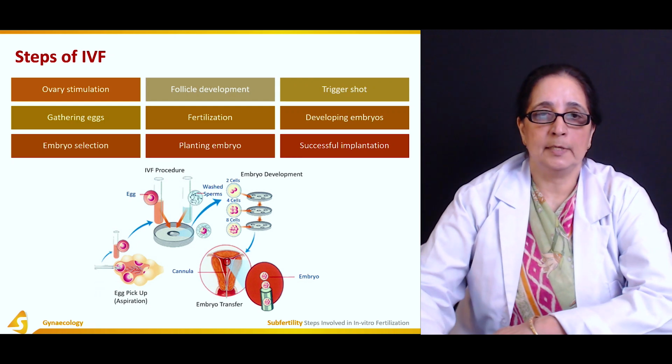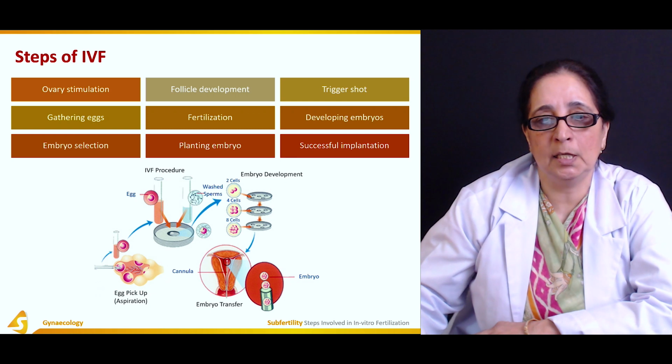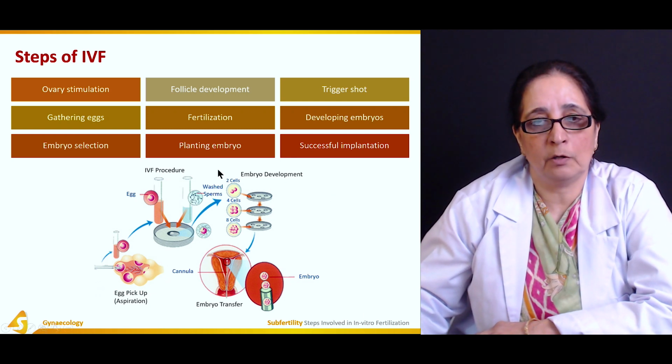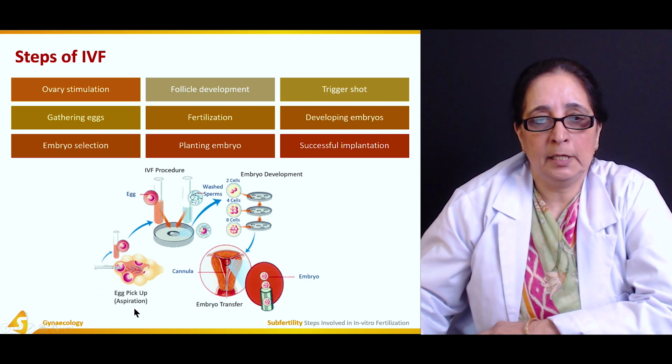Now, what are the different steps of in vitro fertilization? If you just see this diagram here, that gives you the complete picture of the in vitro steps. First, the egg is picked up.